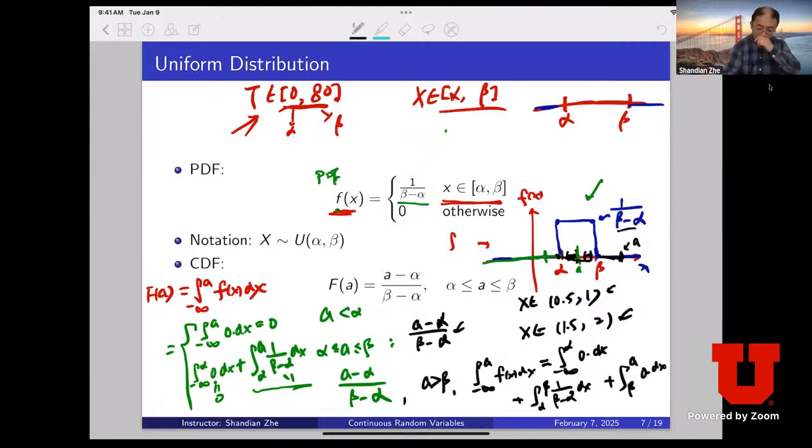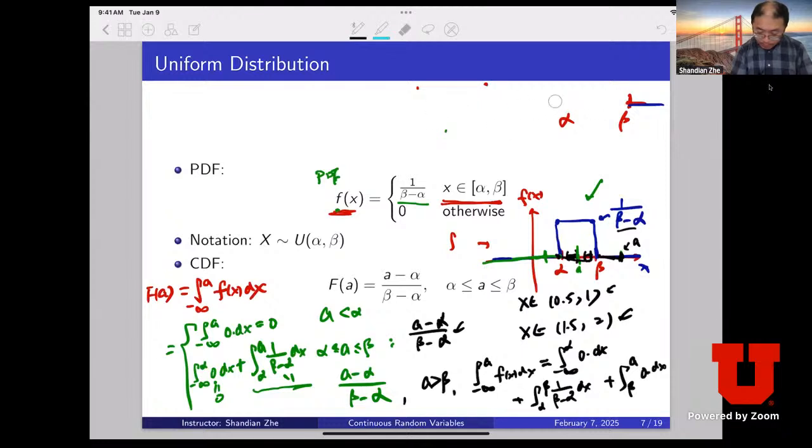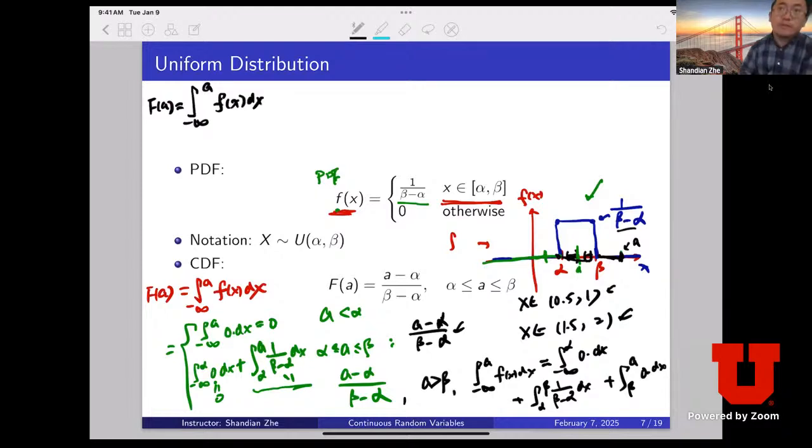Okay, so let's do this. We'd like to calculate the CDF, right? According to the definition, it is an integration from minus infinity to a, and the integrand is the PDF function. We agree with this, right?